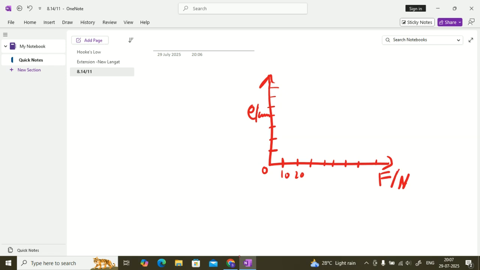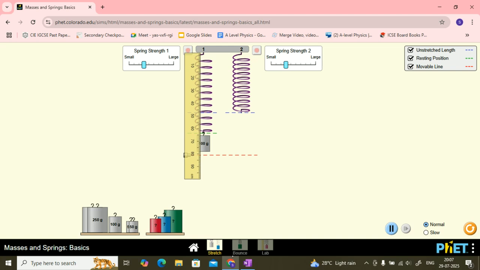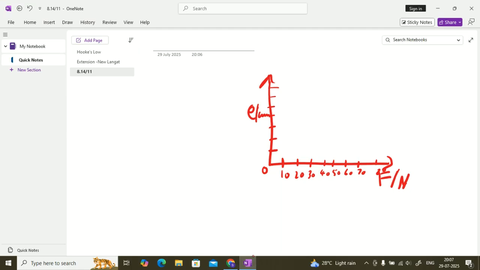So we can just take 10, 20, 30, 40, 50, 60, 70, 80 to make the experiment look simple. Let's say we already have this in newtons. So we can just plot force in newtons, 10, 20, 30, 40, 50, 60, 70, 80. And here we can say it's 10, 20, 30, 40 centimeters. We can just keep it as simple as that.